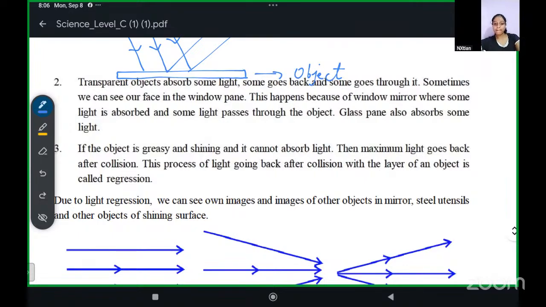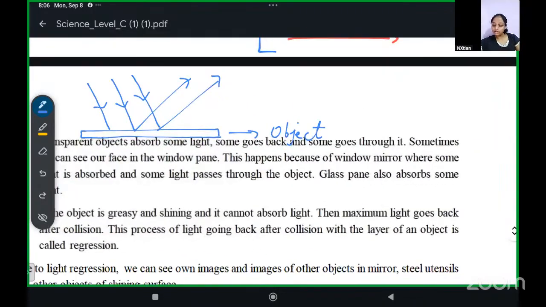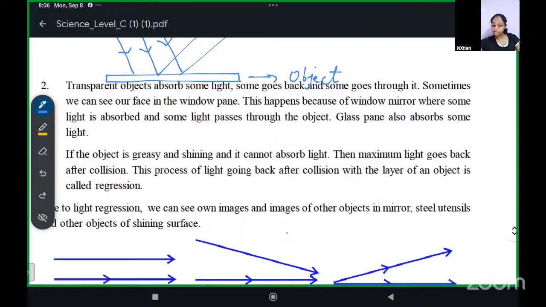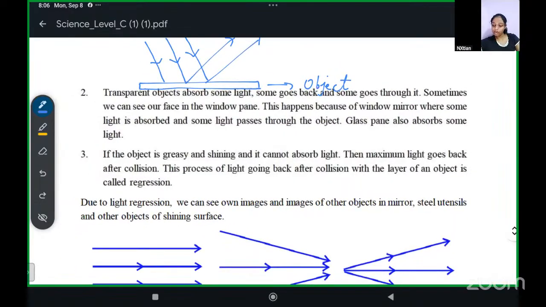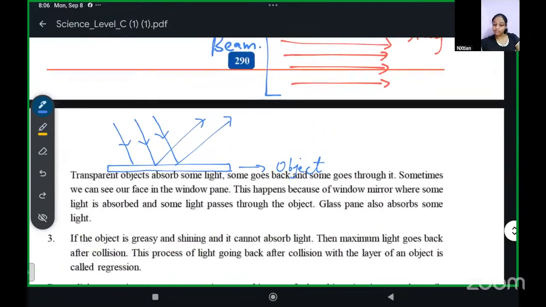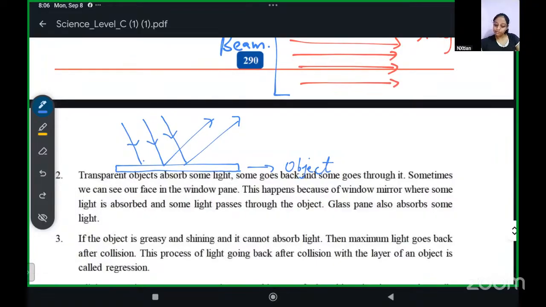But for transparent objects, I would say the light goes through them completely. This is how it would look for transparent objects: completely light goes through them.